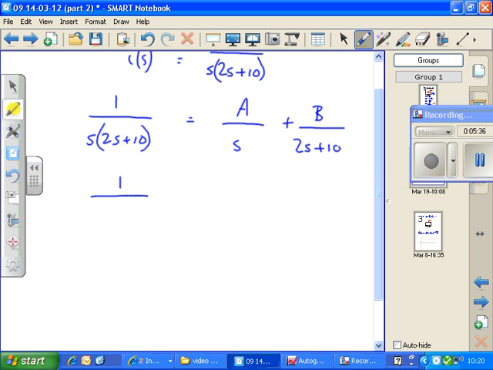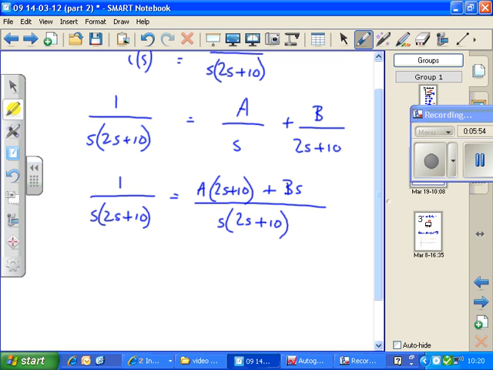So 1 over S into 2S plus 10 equals A times 2S plus 10 plus BS over S into 2S plus 10. This idea of cross multiplying. See if you can carry on from there.